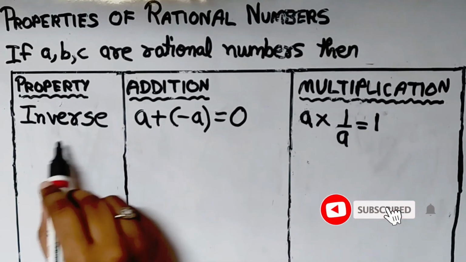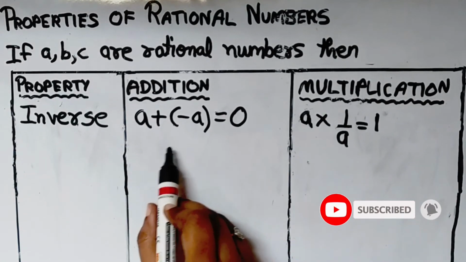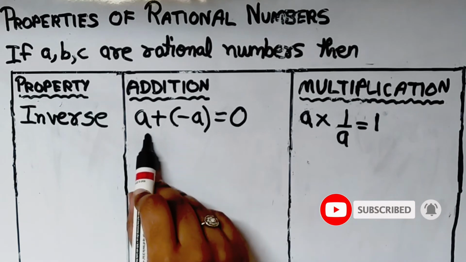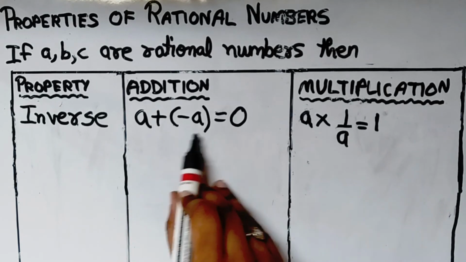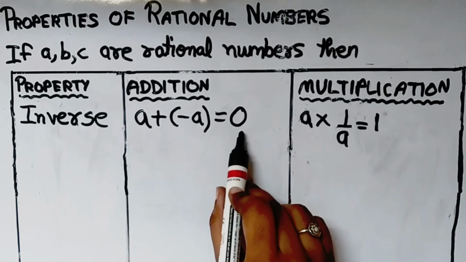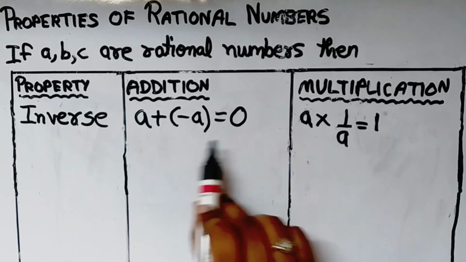Now the next property is inverse, that is existence of inverse. This means A is any rational number. If we add it with minus A, we will get 0. 0 is what? Additive identity.